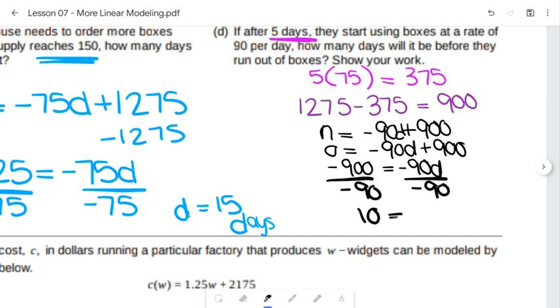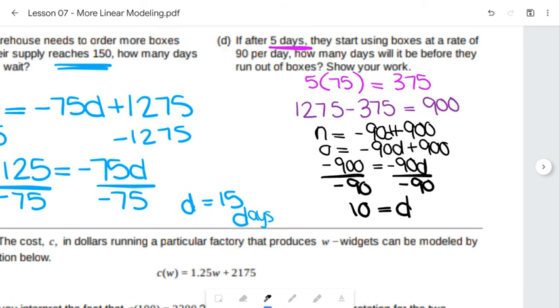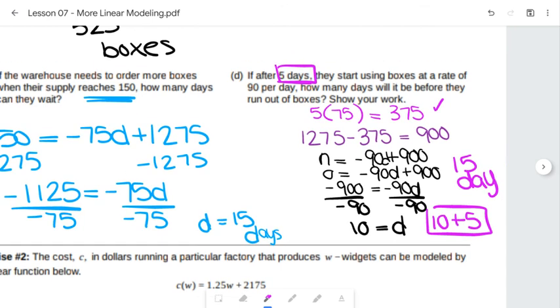And we get 10 equal to d. But don't forget, this was after we already allowed 5 days to pass, right? So 10 plus 5 is 15 days. That's how long until we would run out completely.